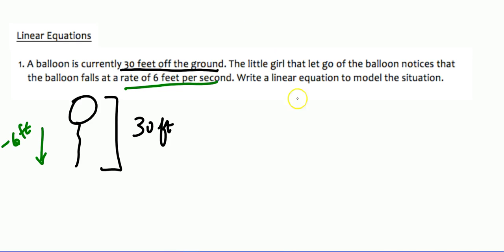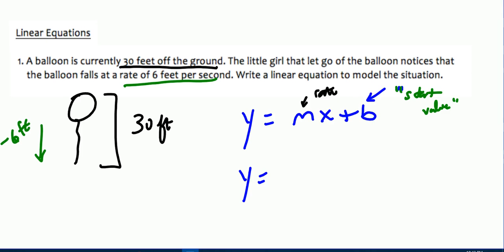Okay, to write a linear equation of it, we're going to need this form, y equals mx plus b. M is going to be your rate, and b is going to be that starting value, that initial height.